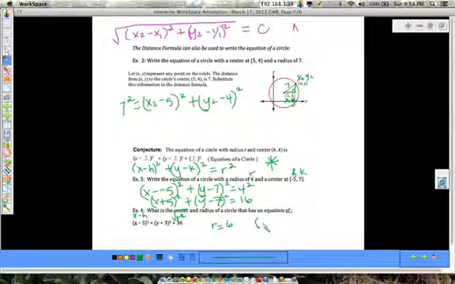My center, remember, is h, k. And k, this says y minus k. Since this is positive, I know that this is like saying minus a negative k, so k must be negative 3.